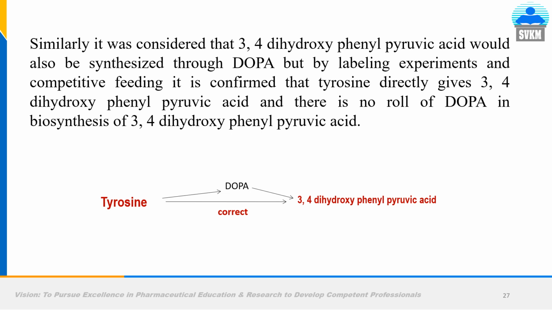Yes, tyrosine also gives dopa, but dopa will never become part of 3,4-dihydroxyphenyl pyruvic acid. It means tyrosine is the direct precursor for its biosynthesis. There is no role of dopa in the biogenesis of 3,4-dihydroxyphenyl pyruvic acid.